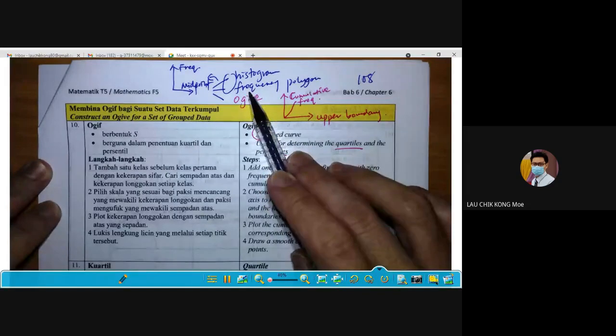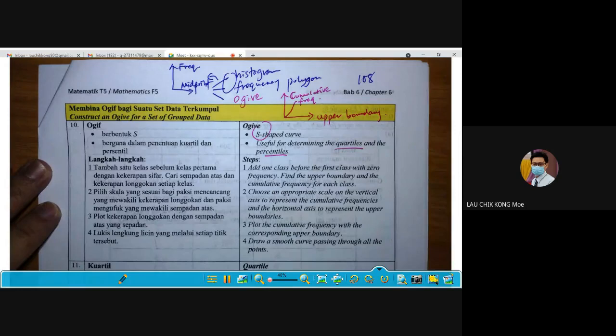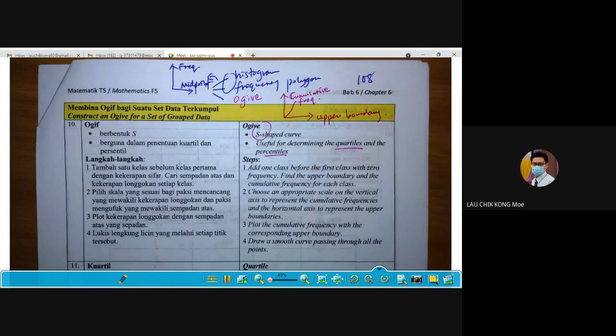And then for the third graph, ogive, it is a cumulative frequency against the upper boundary. That is the graph we want to draw.